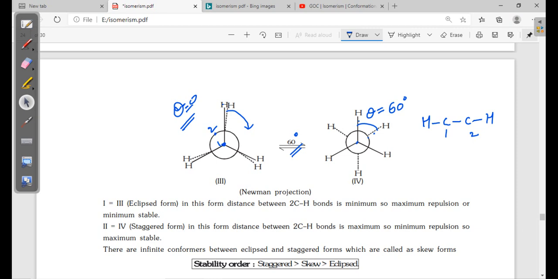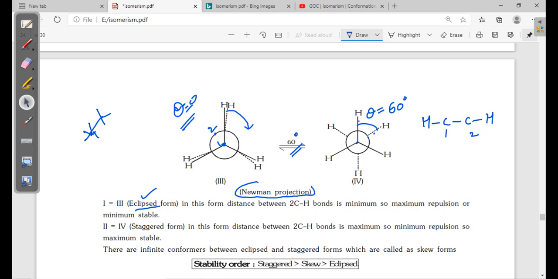Right? Now, if exactly backside is there, this is called the eclipsed form. In the last slide we saw the sawhorse projection, one Y shape and an inverted Y shape. Okay, so this is called the Newman projection.